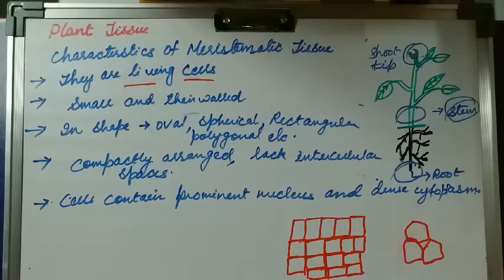And this space in between, that white surface between the two cells, is known as the intercellular space. But these cells are so tightly and compactly arranged that there is no intercellular space. They are compactly arranged and lack intercellular spaces.